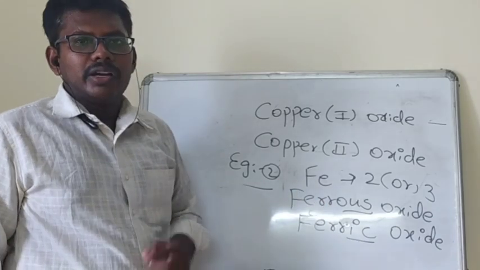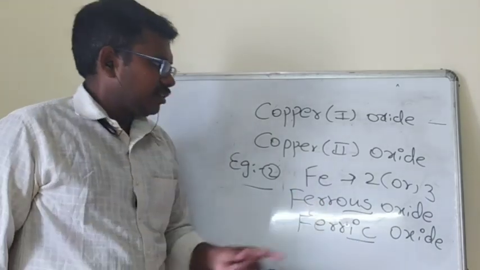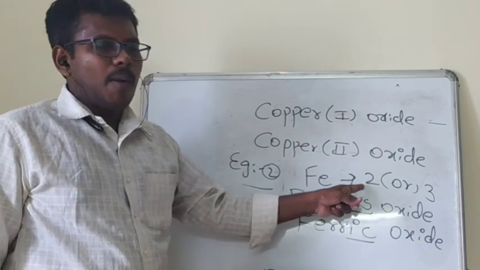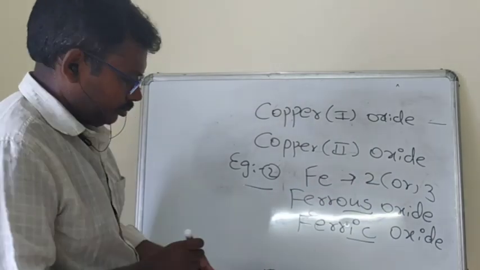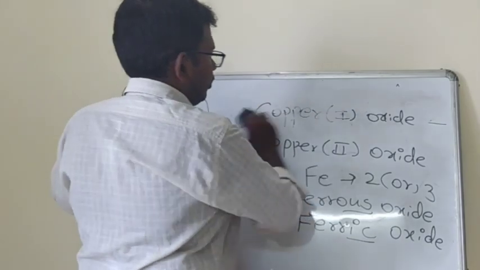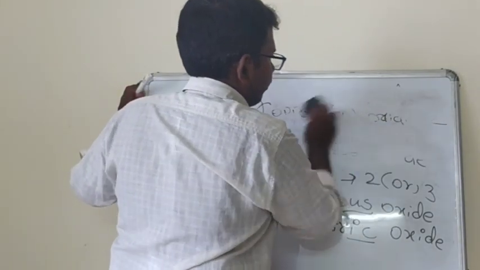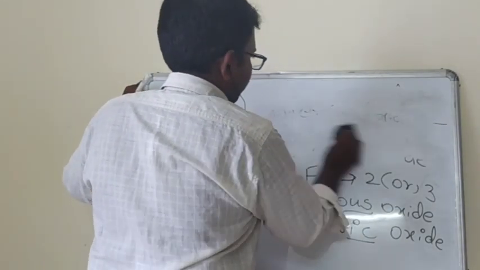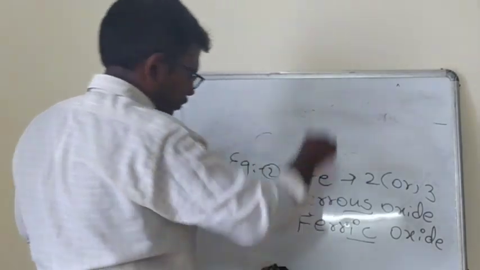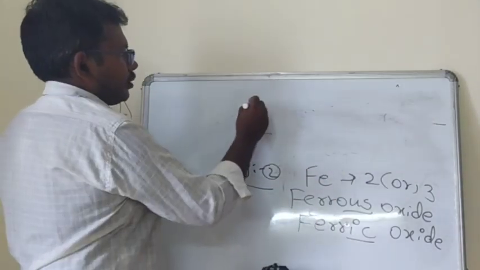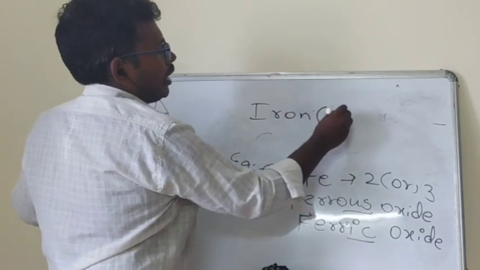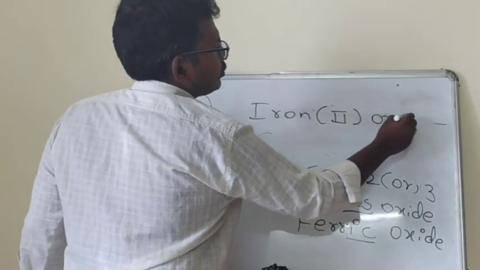For example, I wanted another type. I can write iron, and in Roman numerals I keep 2: iron 2 oxide.